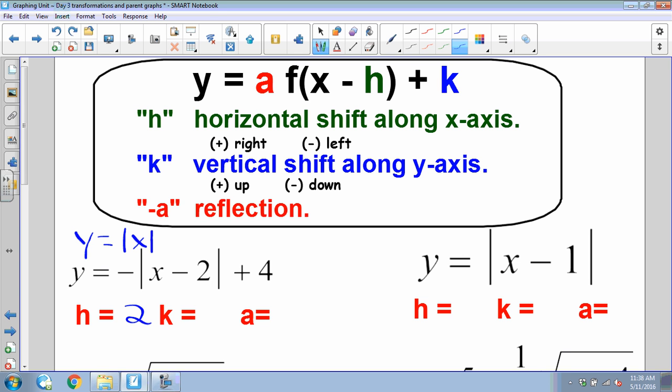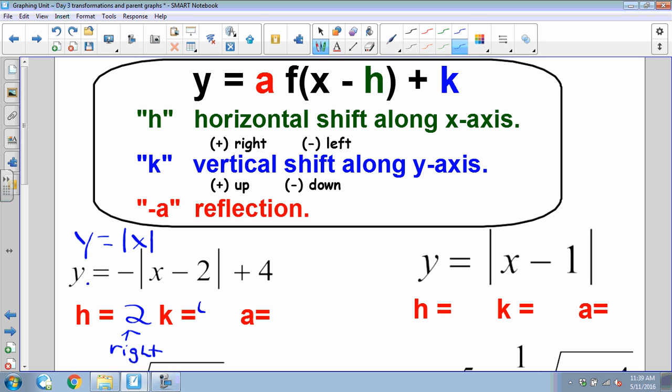If it's positive, that means it took it from here and shifted it 2 units to the right. The absolute value's starting point is at 0, 0. So for this one, that shifted it 2 units to the right. That moves you over to 2, 0. You understand?